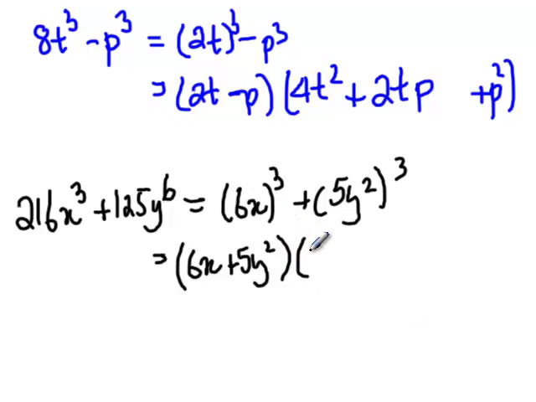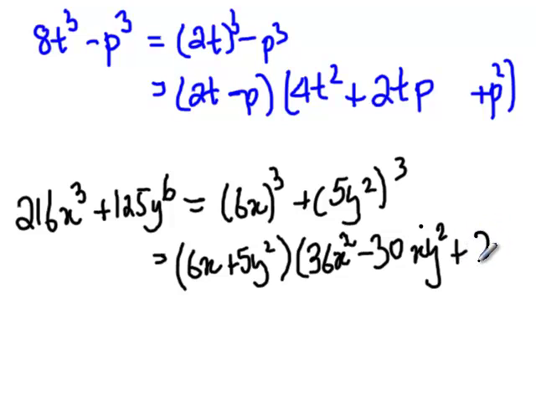We're going to square that term. Subtract the product, 30xy squared, careful there, plus 25y to the fourth.